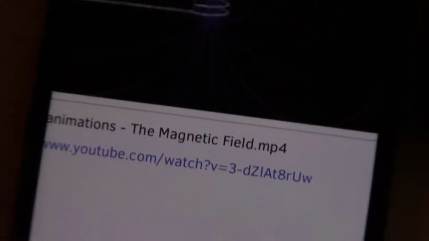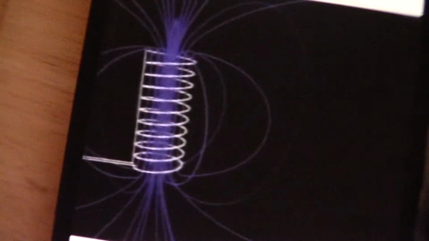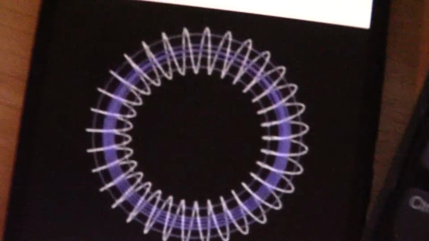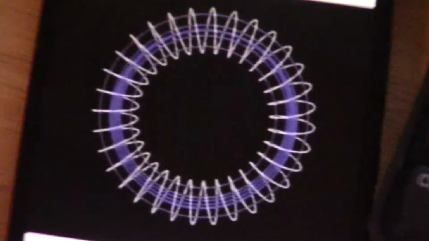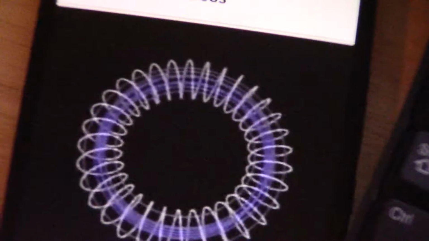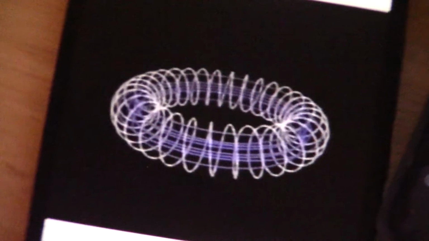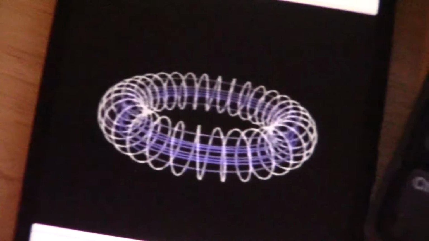It creates a field much like that of a bar magnet. If the solenoid is bent around into a circle, the donut it forms is called a toroid. The magnetic field of a toroid is contained completely inside the windings. There are no field lines out.